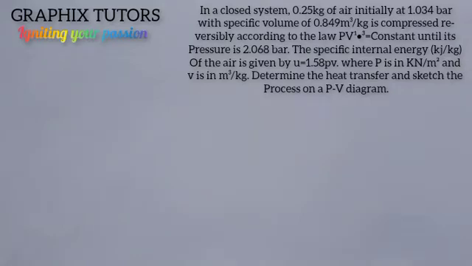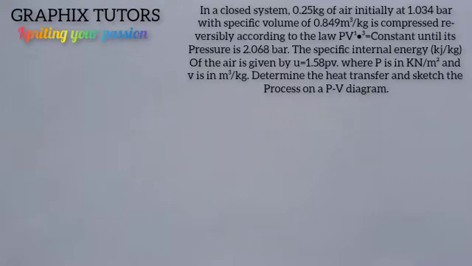The specific internal energy in kilojoule per kilogram of the air is given by U equals 1.58 PV, where P is in kilonewton per meter cube and V is in meter cube per kilogram. Determine the heat transfer and sketch the process on a PV diagram.